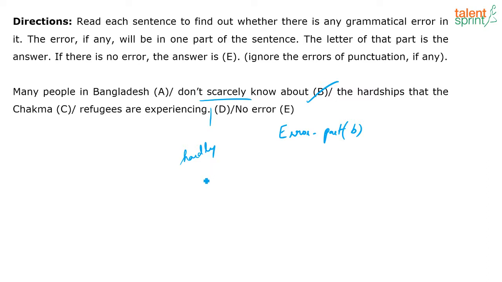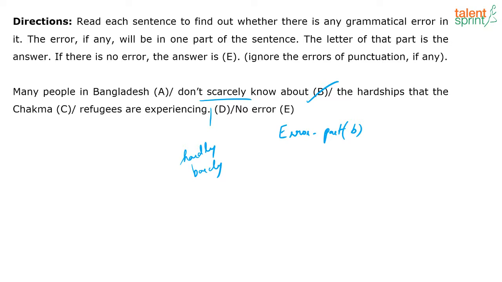Many people in Bangladesh scarcely know about the hardships. Barely. That's the meaning that scarcely brings in, which is already negative in meaning. So which means what is not required there? Don't. Double negatives.